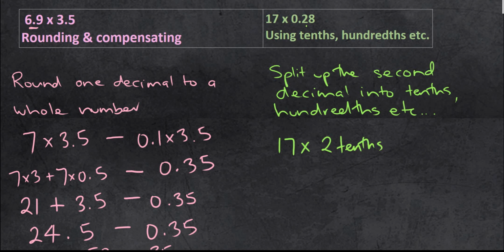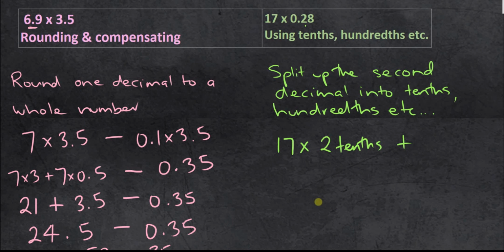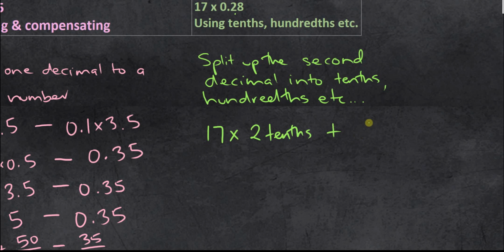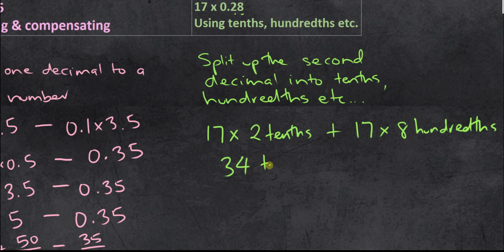So 17 times 2/10 plus 17 times, and the 8 there is 8 hundredths. So 17 times 2 is 34. So we get 34 tenths here. Plus 17 times 8. So just do a little bit of a multiplication up here.